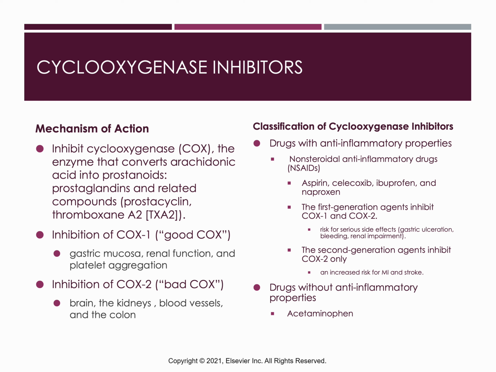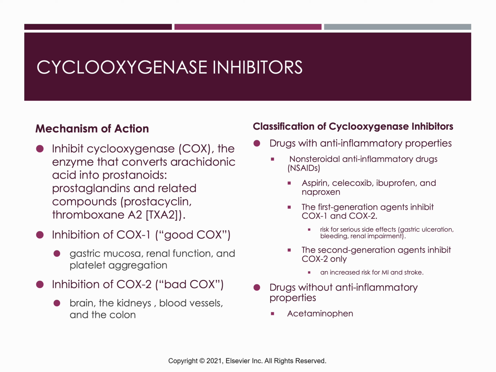So this is why the COX-1 inhibitors can also cause gastric ulceration, bleeding, and renal impairment. The good news is, in contrast to the first-gen NSAIDs, we have the second-gen NSAIDs. In theory, they can suppress pain and inflammation, but they're going to have fewer adverse side effects.